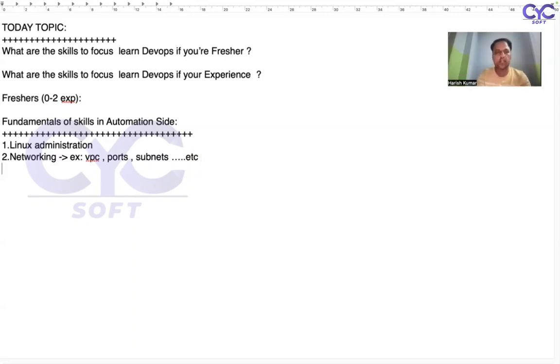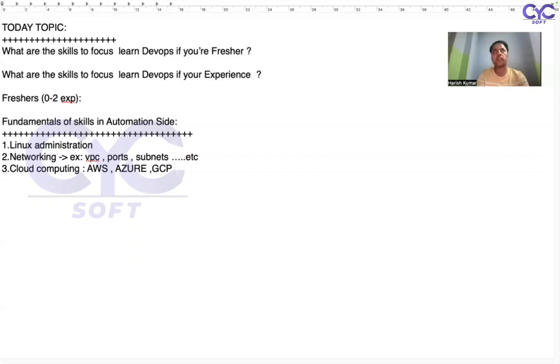Next, the third one is cloud computing. You need to understand what cloud actually is, because if you are an automation engineer, you definitely need to learn cloud computing. In cloud computing you can go with AWS, Azure, or GCP.